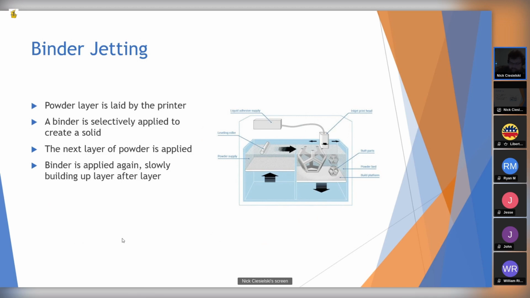I have never used anything like this or the previous one, the powder bed fusion, but I wanted to cover that it's out there. It exists. These are kind of what can be done industrially. So maybe at some point we're going to see some of these get to the consumer level, possibly.